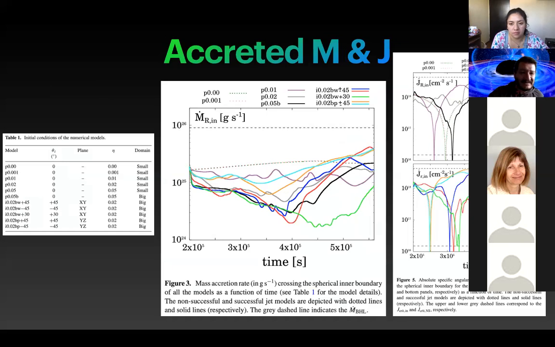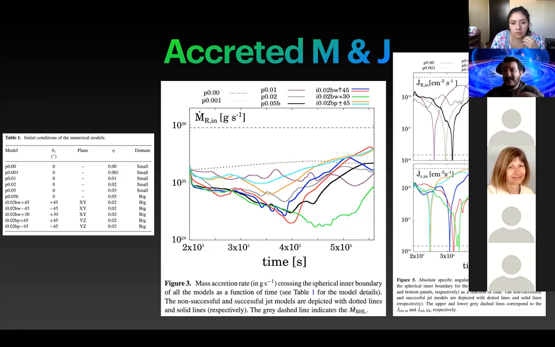So just to finish, these are about the 10 models that we tried with different inclination angles and different efficiencies. You can see that the accretion is around 10^25 grams per second. If you translate that to solar masses per year, we are at a few tenths of a solar mass per year, so we are definitely above the Eddington limit. On the right-hand side, you can see different plots for our different models of the angular momentum.